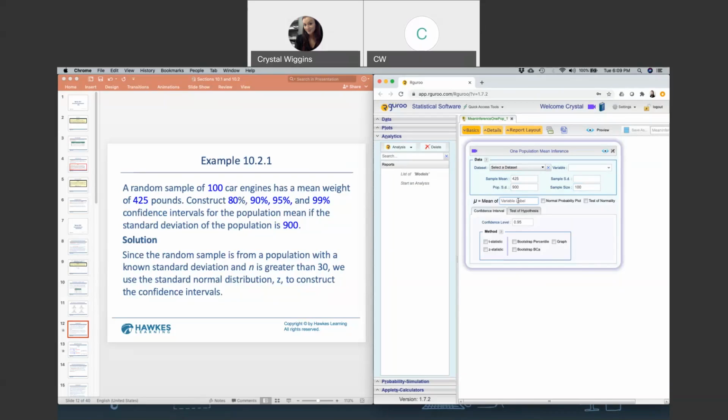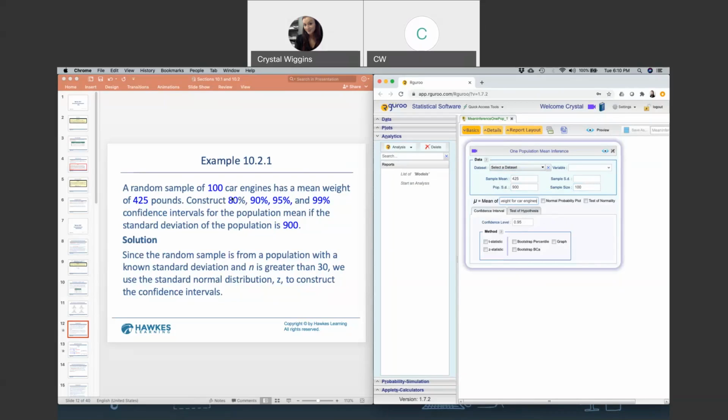So this is mean weight. So we're going to say the mean of weight, and you can be more specific if you want, for car engines. All right, these probability plots or tests for normality are only applicable when you have a data set, so you don't need to select those or it will probably break down on you.